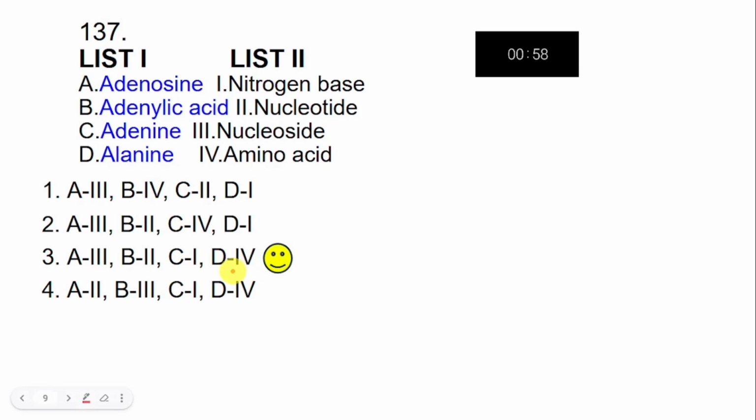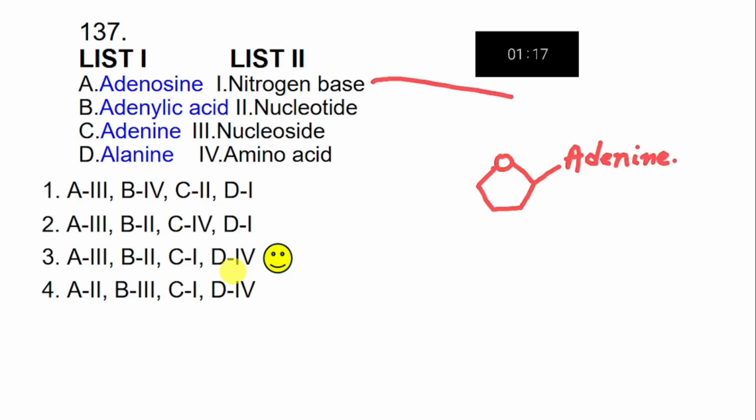When I said adenosine triphosphate, what is the meaning of that? You have this ribose sugar. At position number 1, you have adenine, which is a nitrogen base. And this is the ribose sugar.